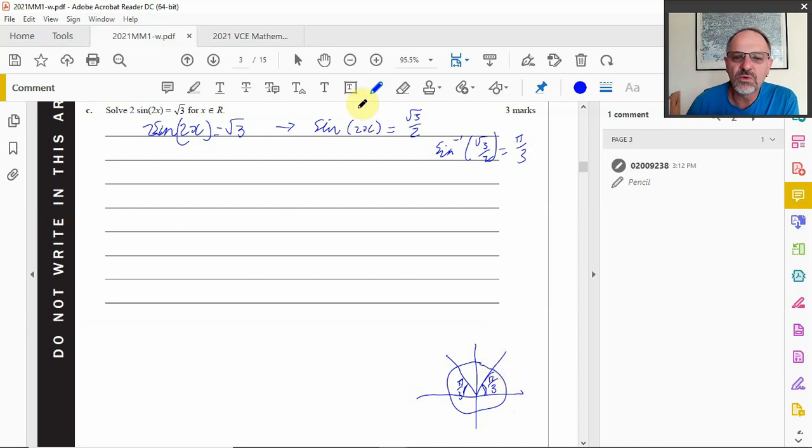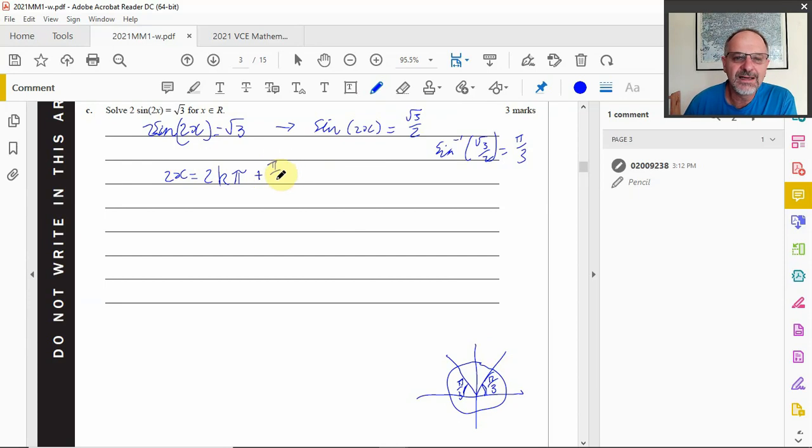So our angle bit, the 2x, for this first angle is 2k pi, where k is some number, and not just any random number, it's actually an integer, plus pi on 3.